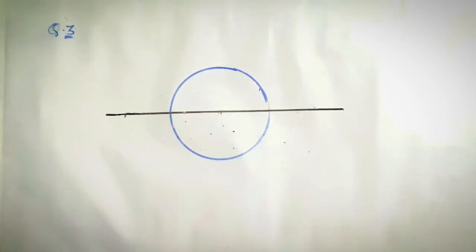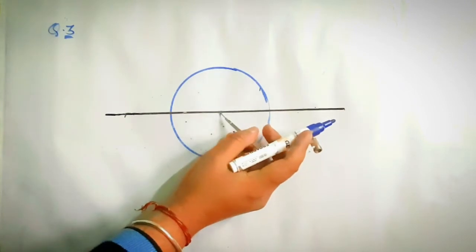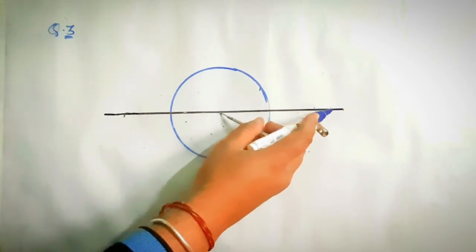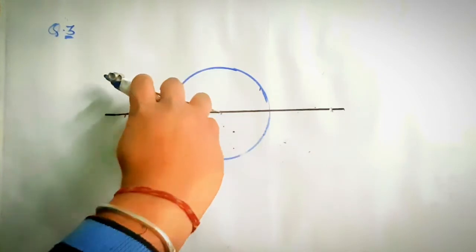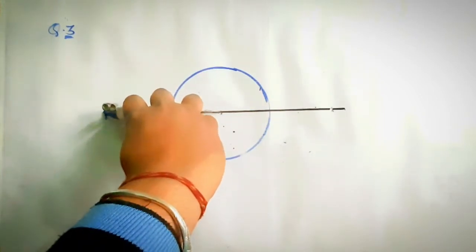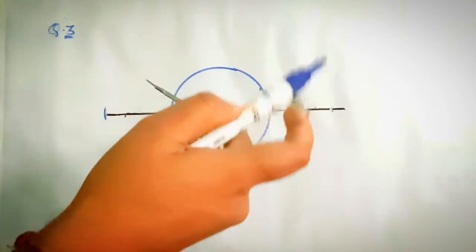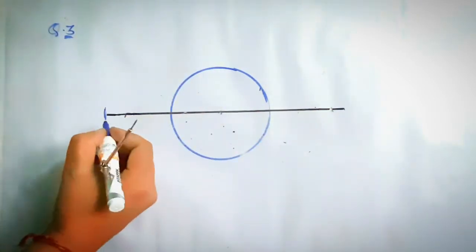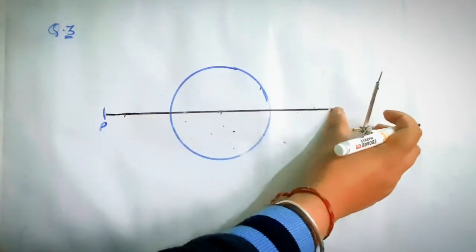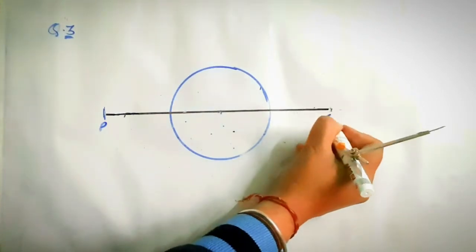Then open your compass equals to 7 cm, place on the center and mark 2 points on the extended diameter. These both points are 7 cm away from the center. One is P and another one, erase the extra part, another one is Q.